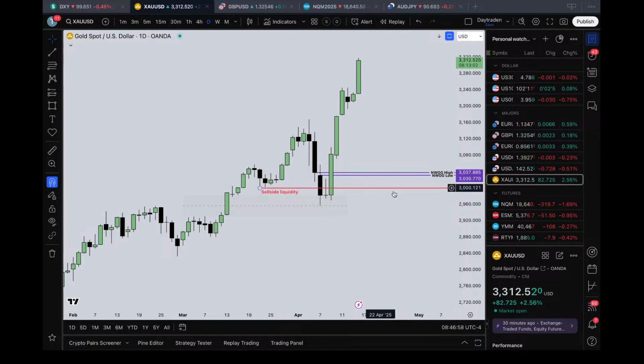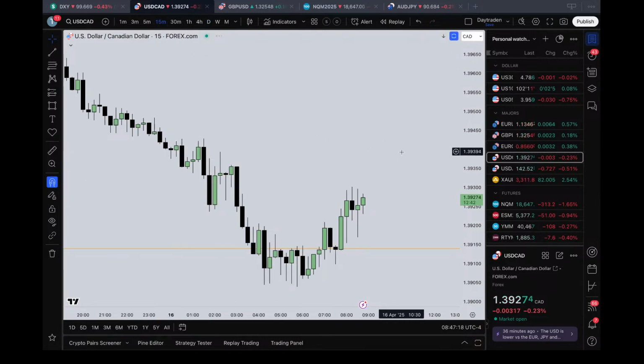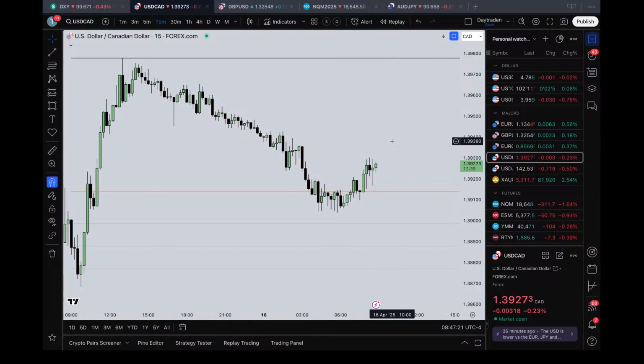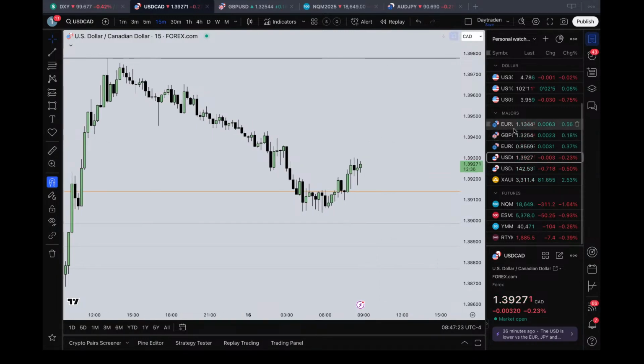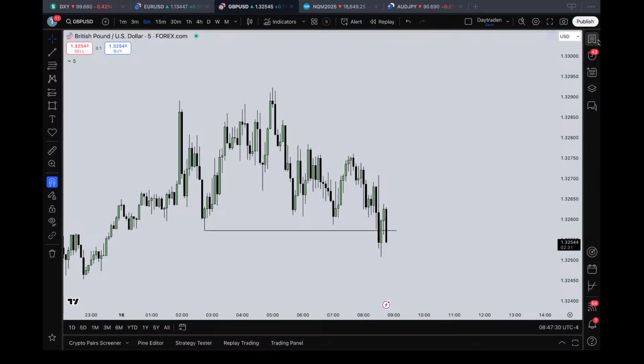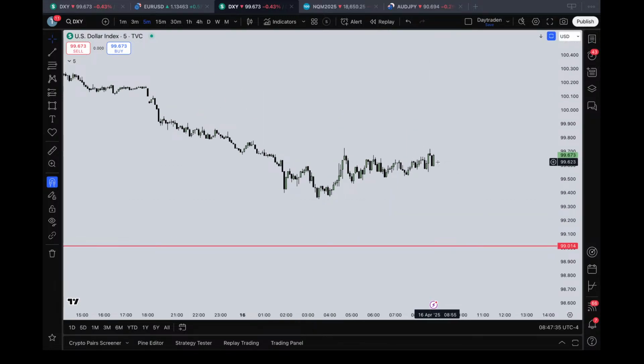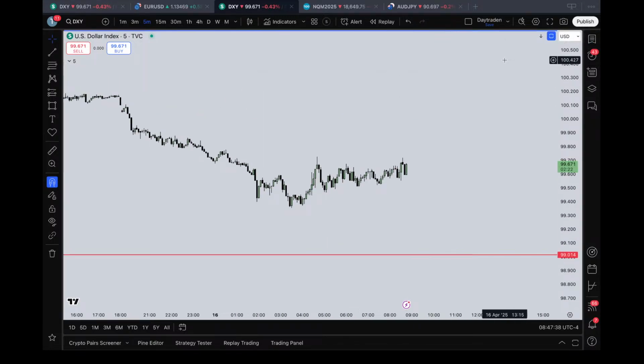Last week it was perfect from this weekly gap. Let me open the dollar chart. Dollar picking up a little pace right now, but let's see if it is something sustainable.